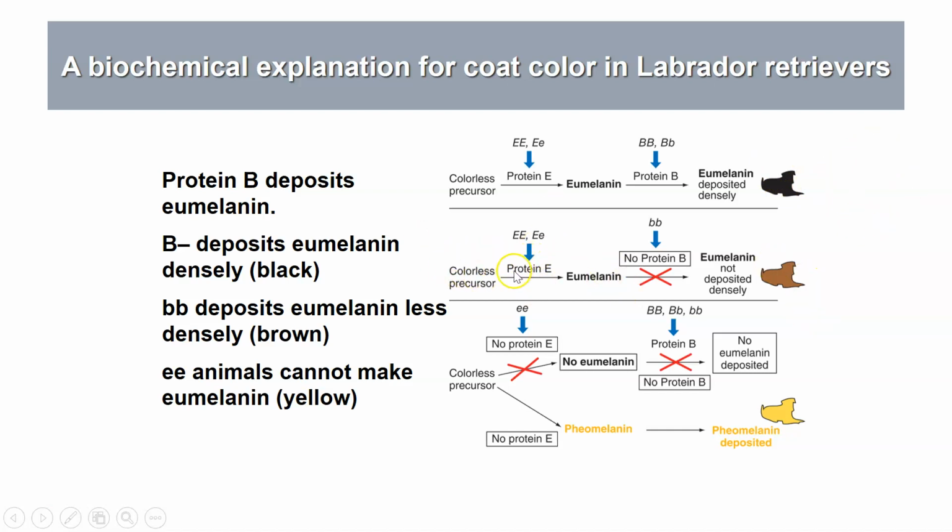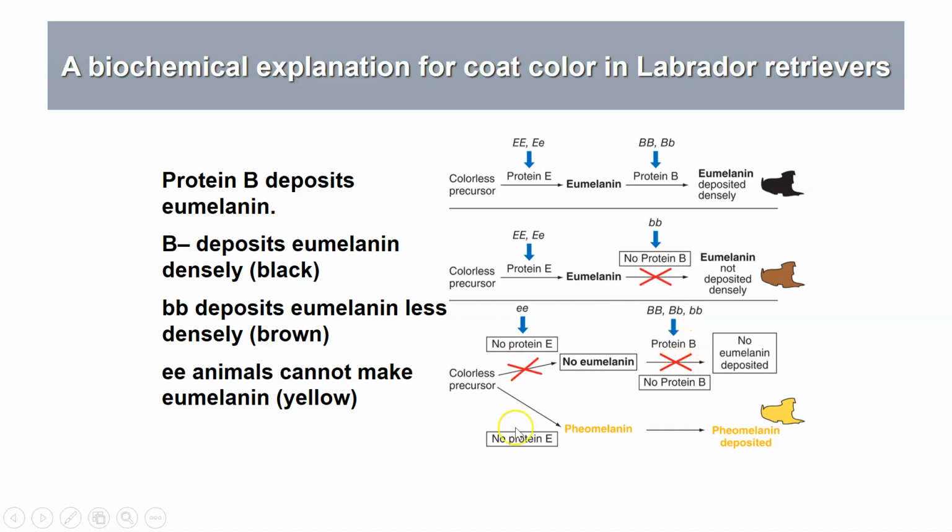If you have functional protein E but lack functional protein B, you still produce the dark pigment, but you're not able to deposit it as densely, and the resulting phenotype is the brown or chocolate lab. If you're lacking protein E, regardless of whether you're producing functional protein B or not, you don't make the pigment. So without the pigment, you can't deposit it.